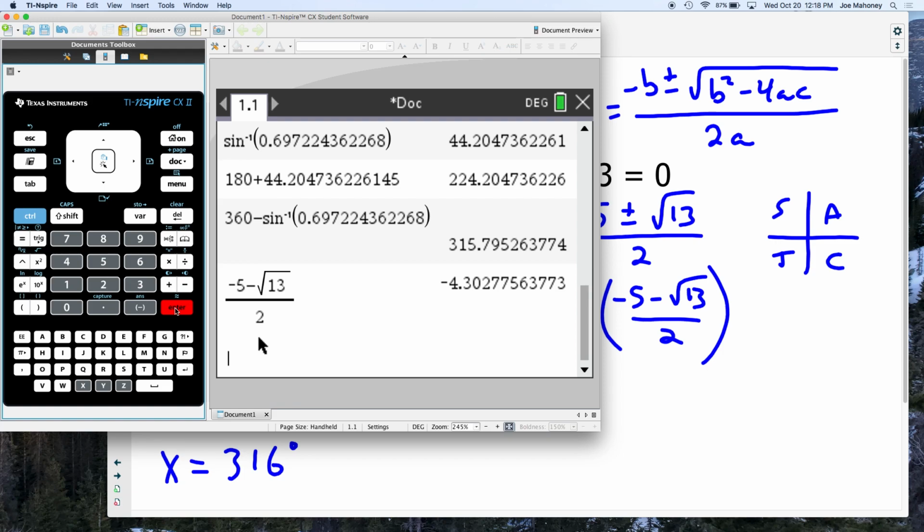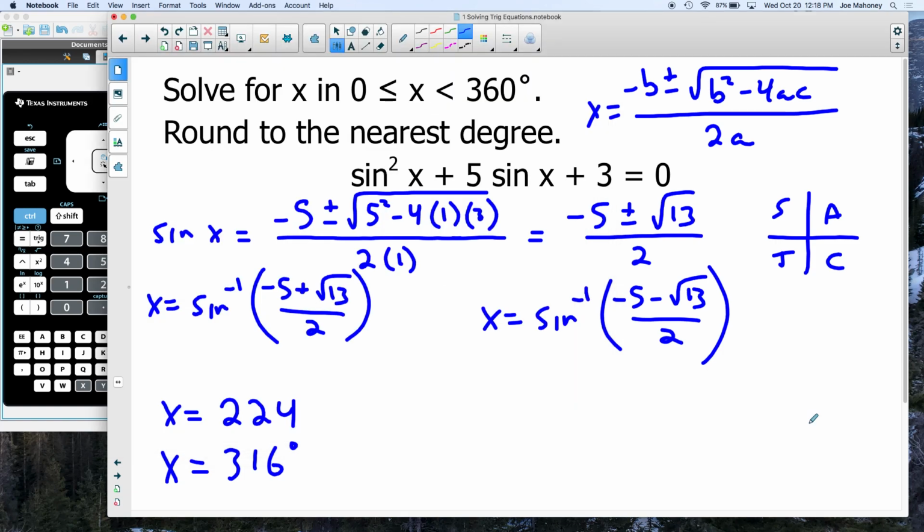If we get a value that's less than -1 or greater than +1, we're going to get a domain error. So there's only 2 answers. To this one, there's no solution. And there's no solution because -5 minus the square root of 13 over 2 is less than -1.